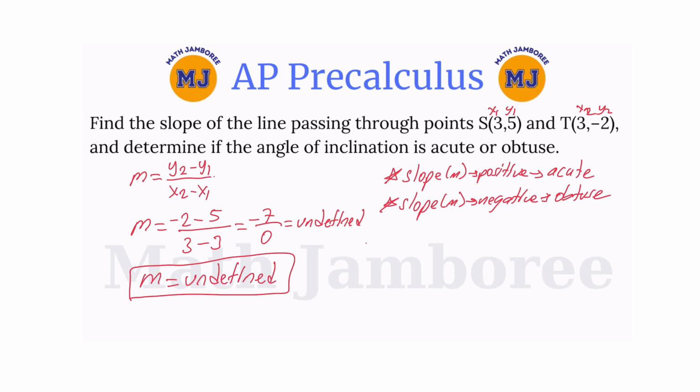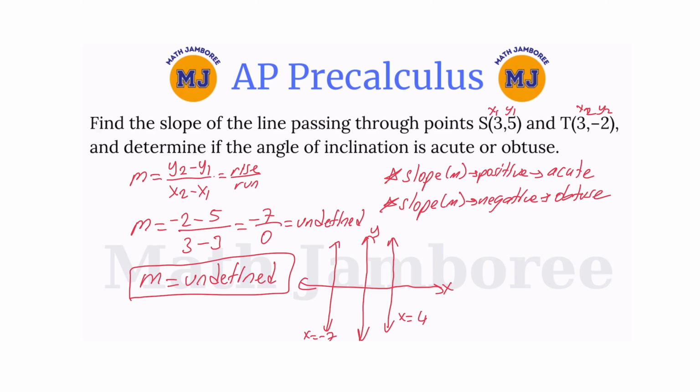Let me show you what kind of lines are undefined. Vertical lines are undefined because, for instance, let's say this is x equals 4, or another one, x equals negative 7. These are vertical lines, and to find a slope we need a rise over run, right?